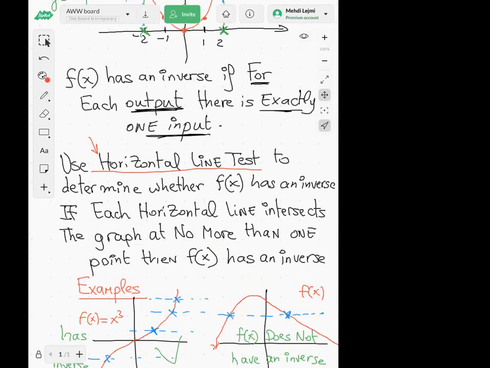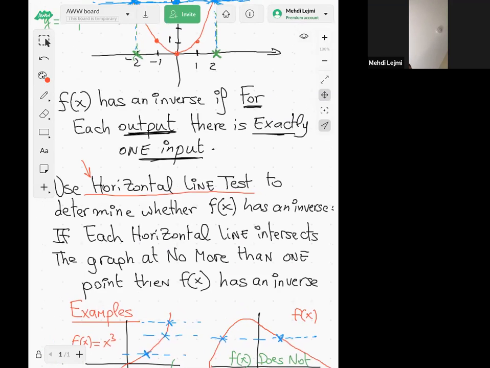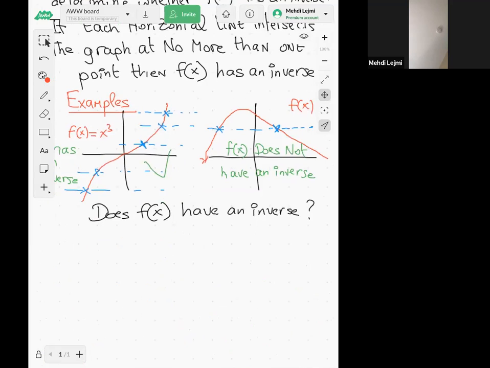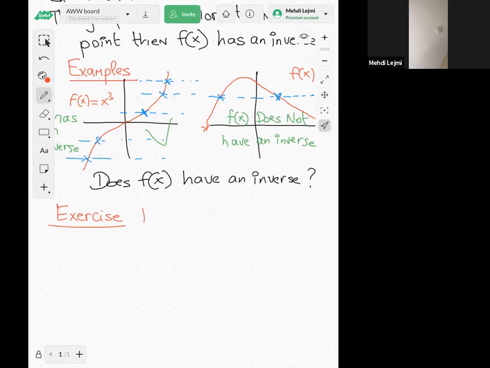All right. Okay, so here's an exercise. I'm going to give you a couple of graphs, and you have to say whether the function f has an inverse or not. So you have to determine whether f of x has an inverse.